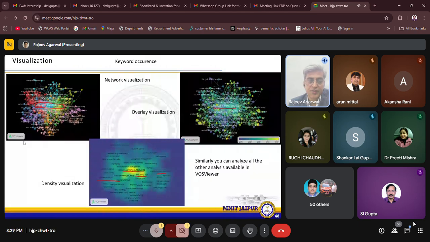So these are the set of rules I just told. There are a number of sets of rules, where author's name, co-authorship network, and so on. So there are a number of rules I have just now told.